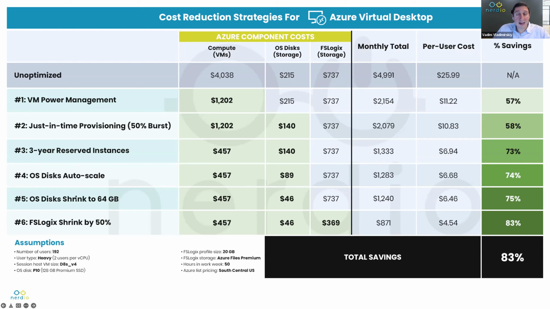Reduction of disk size absolutely applies, and FSLogix shrinking applies as well. So although I don't have any numbers that I can specifically share with you, it will still be very high, certainly north of 50%, probably close to 70% savings, even for personal host pools.